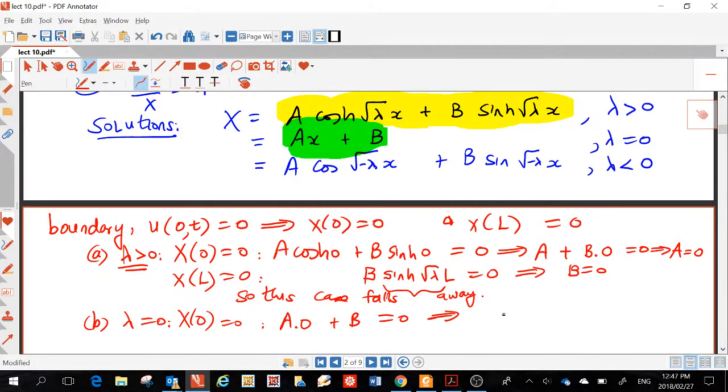This means b is 0. Then let's hit that with x of L equal to 0. Now b is 0, so a times L equal to 0. We just said L can't be 0, so A has to be 0, so this also fails.